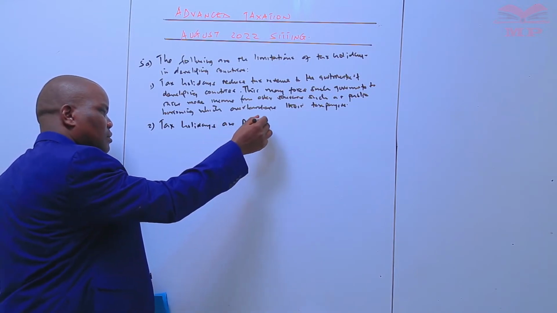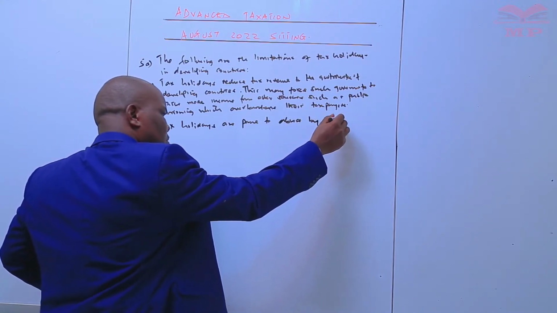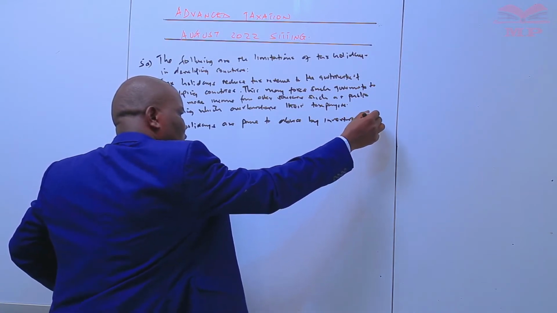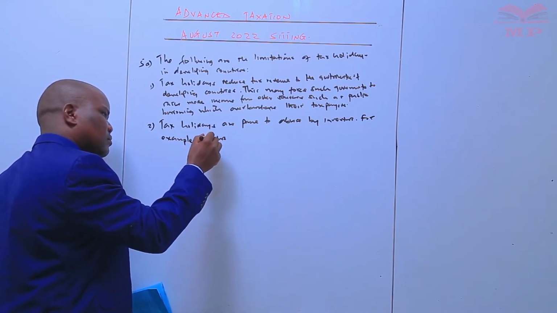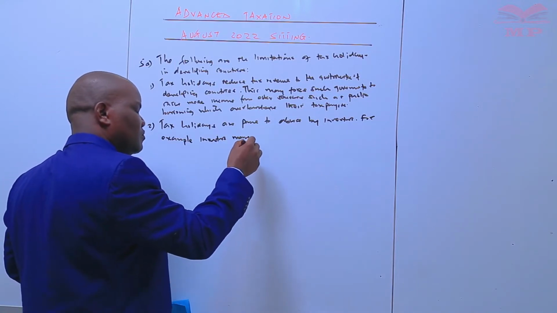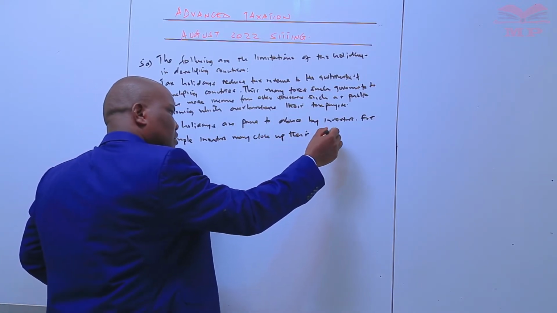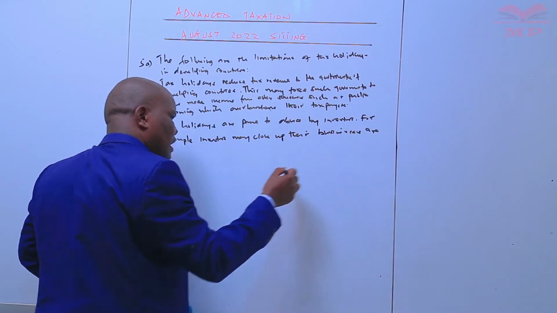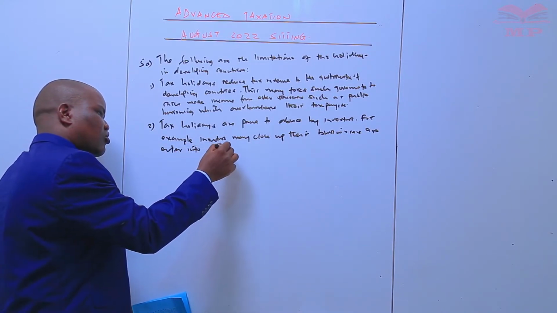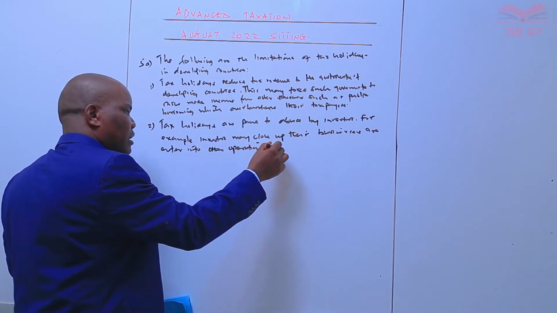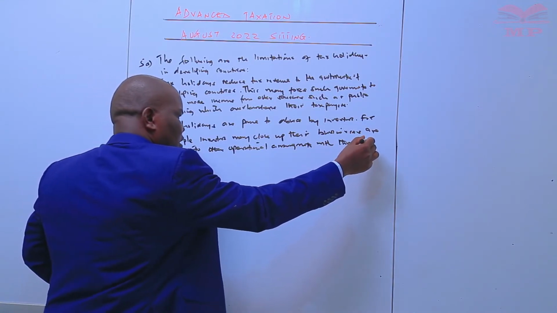Number two, you can say that tax holidays are prone to abuse by investors. For example, investors may close up their businesses and enter into other operational arrangements with those enjoying the exemption.